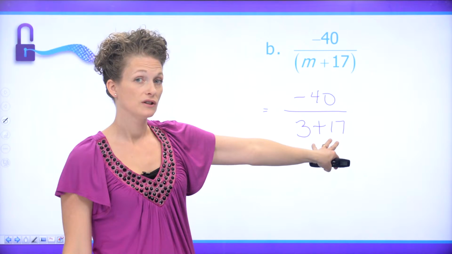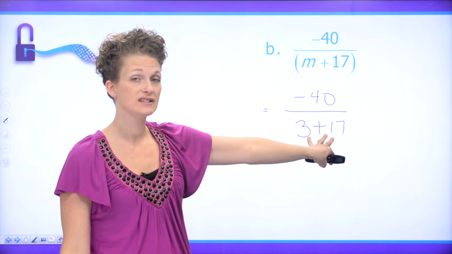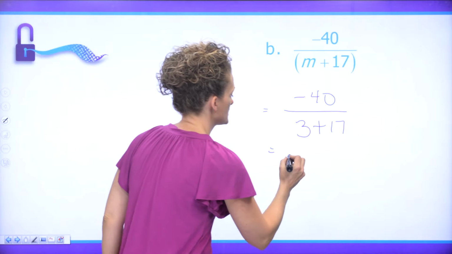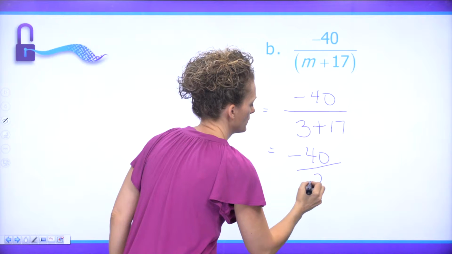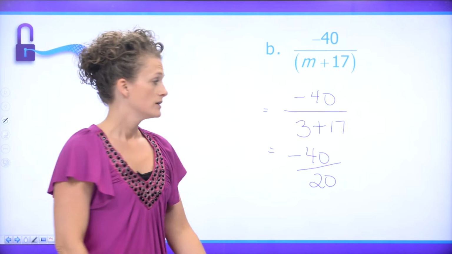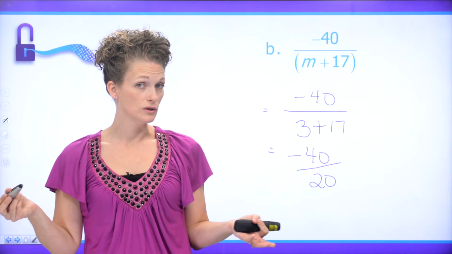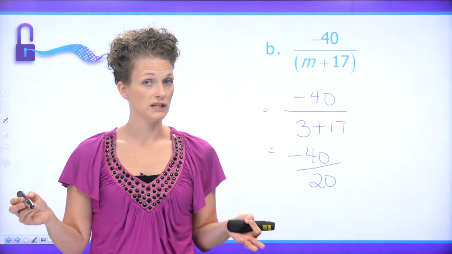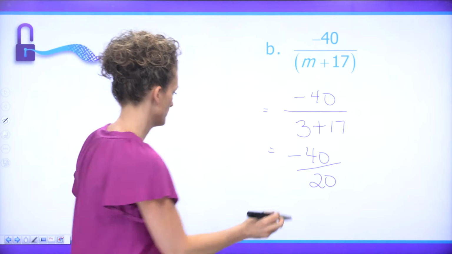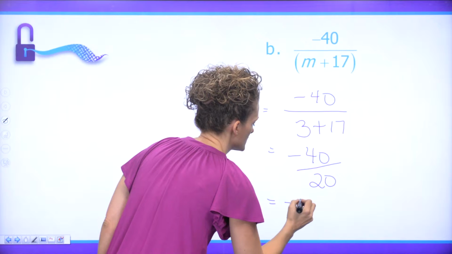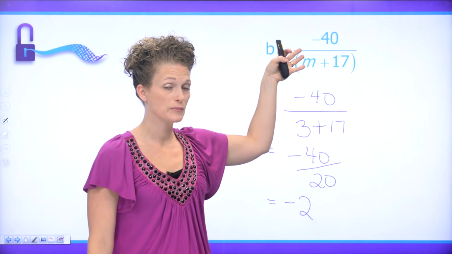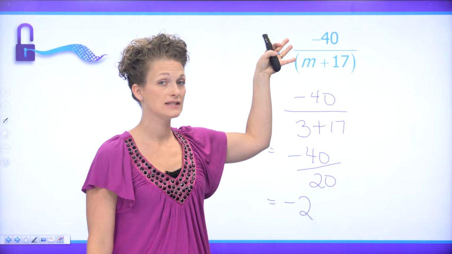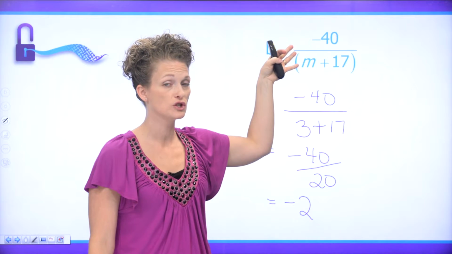We're going to go ahead and simplify this here. 3 plus 17, we know that that is 20, so we're going to leave the top alone for a minute. Last step is to actually do the division of negative 40 divided by 20. And that gives us negative 2. So we have evaluated this expression when m is the same as or equal to 3.